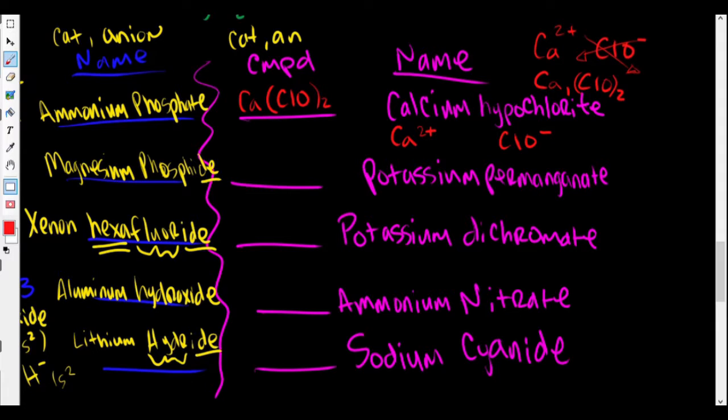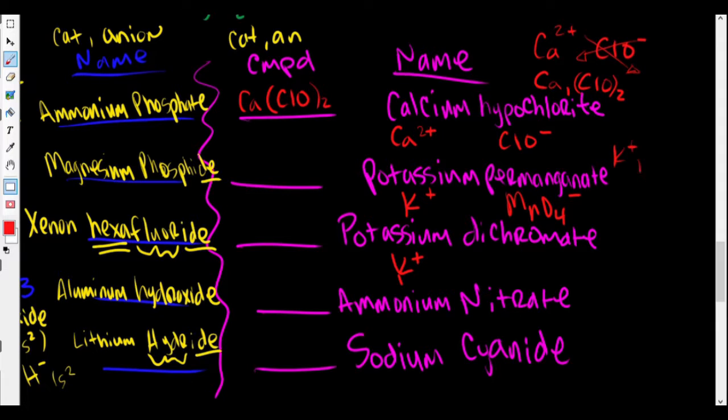On to the next one. So potassium, we have that for both of these. I'm going to go ahead and write it. What charge does potassium have? You said +1. You are correct. Because it's in group 1A, so it'll typically have a +1 charge. Permanganate, what is that? You are absolutely correct if you said MnO4-. So we'll use this little trick from up here.